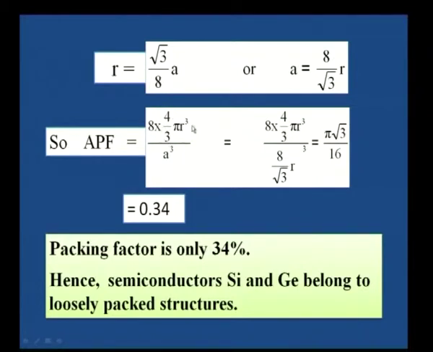So, naturally, my APF will be equal to 8 times the volume of each atom, which is 4 by 3 pi r cube, divided by A cube. Now, I have expressed r in terms of A; there is a relation connecting r and A. Now I can express A in terms of r: A will be equal to 8 by square root of 3 into r, that is coming here. So, A cube will be this whole thing to the power of 3, that works out to be pi into square root of 3 by 16, that will be equal to 0.34, 34%.